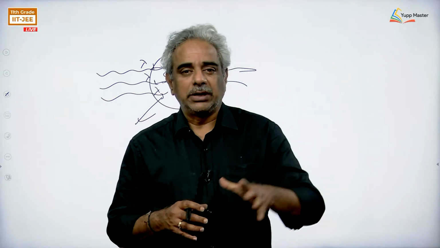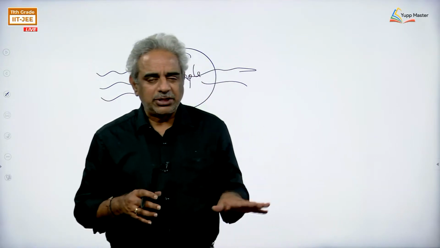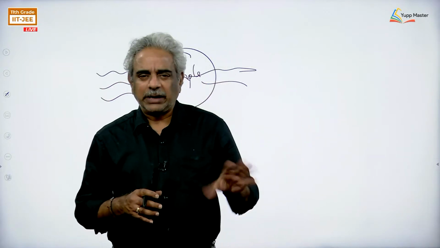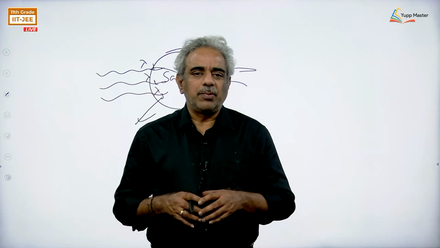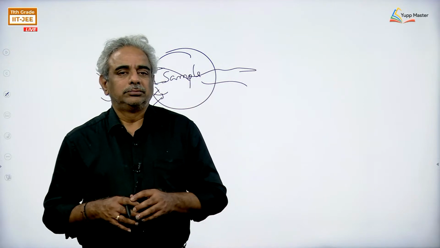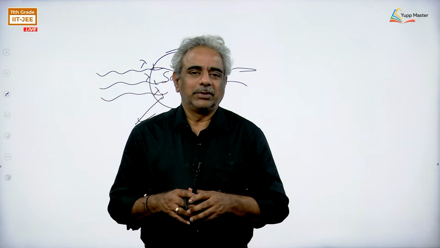So that body is called a black body, a perfect absorber and a perfect emitter. Of course, we cannot find a 100% black body in nature. Every body will absorb a part of the radiation and transmit or reflect the other part. Anything may happen. You can visualize one particular body which is designed in such a way that it may accept all the radiations.